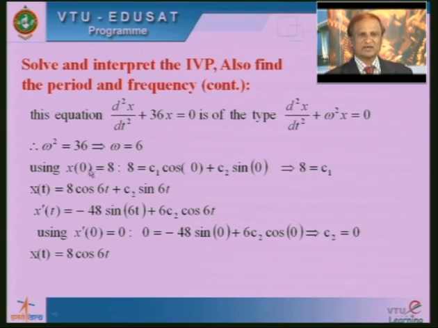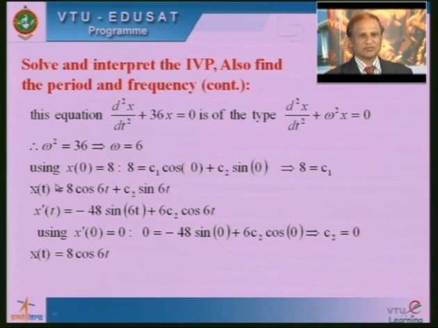By using this initial condition, I can obtain the value of the arbitrary constant. So, 8 is equal to C1 cos of 0, because t is 0, plus C2 into sine of 0. We know that sine 0 is 0, cos 0 is 1. Therefore, I can obtain C1 is equal to 8.